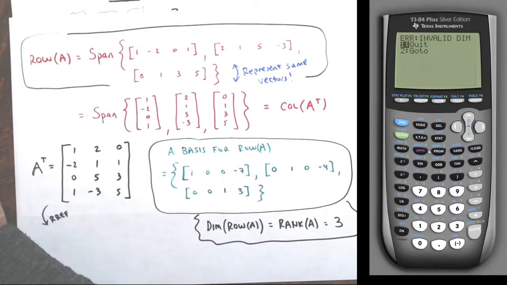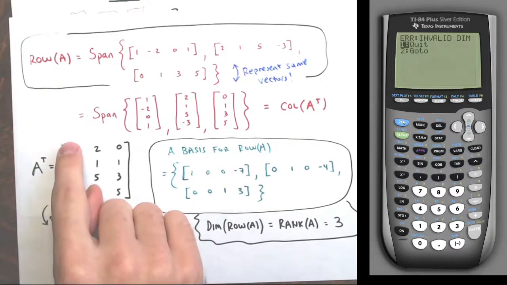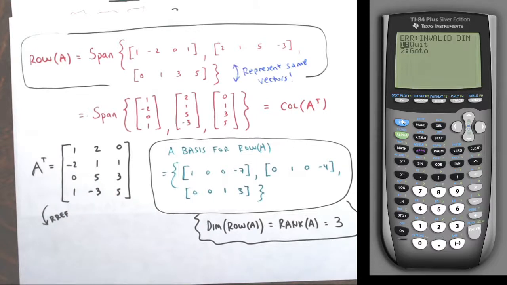Oh, I forgot. If you have more rows than columns, it won't do it. So I'm going to go back, edit the matrix here, and add another row of all zeros.